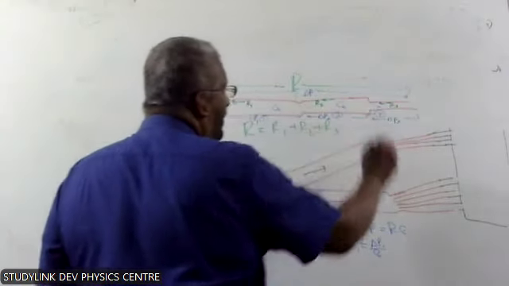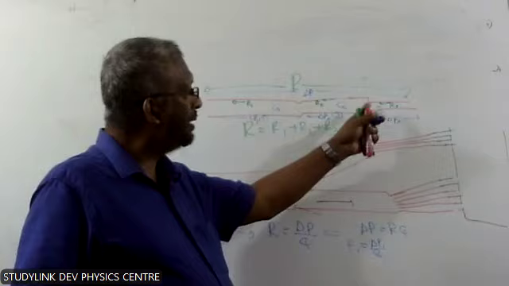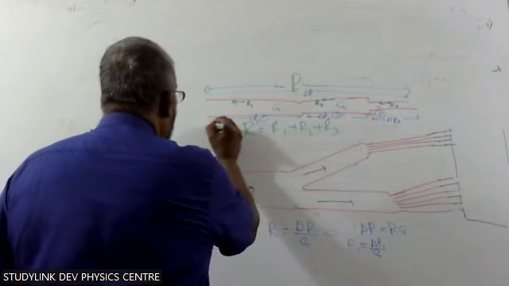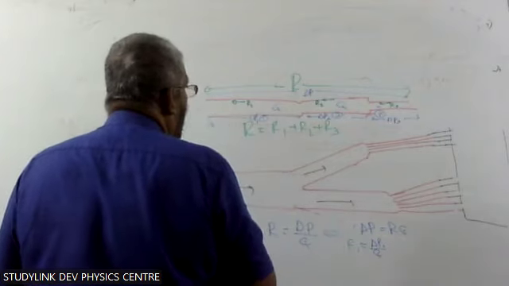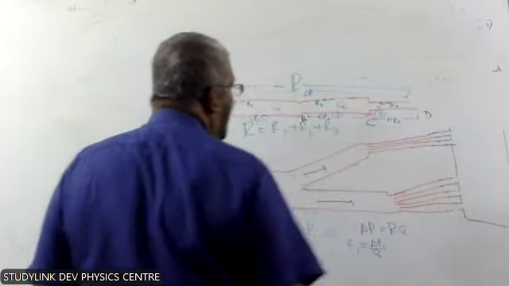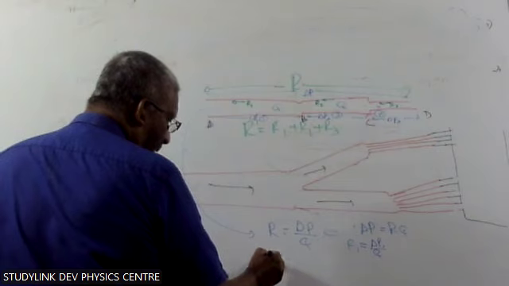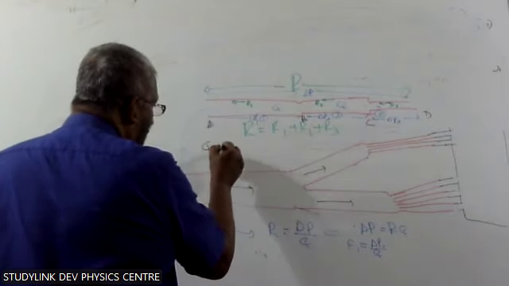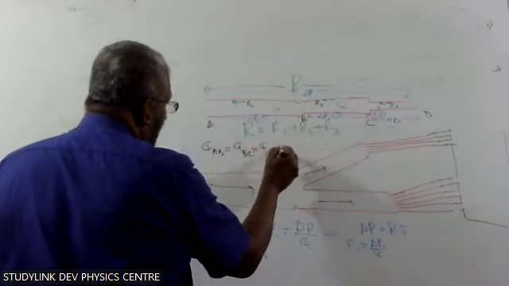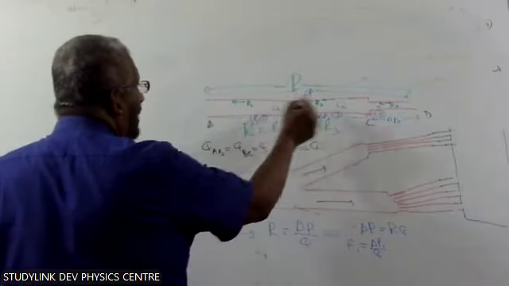Under Poiseuille we said QAB is equal to QBC is equal to QCD. All are the same, meaning it is equal to Q. If you want, I'll write like this: A, B, C, D. Then we can write QAB is equal to QBC is equal to QCD. I'll consider that is equal to Q. All are the same, the value is Q. So everywhere I consider Q.